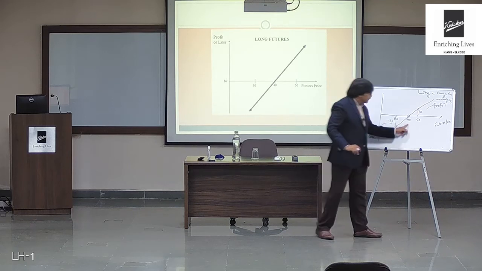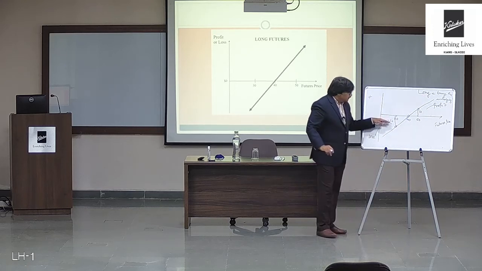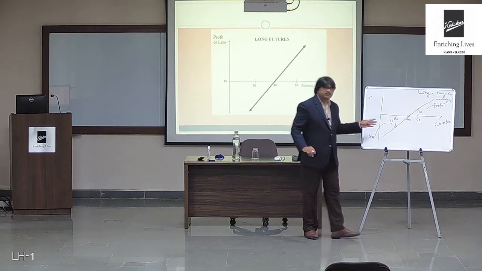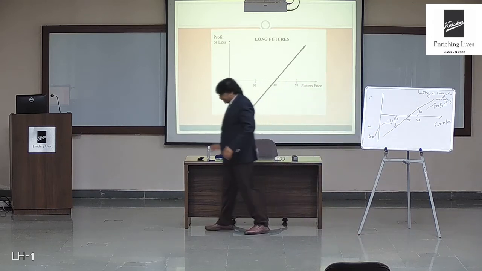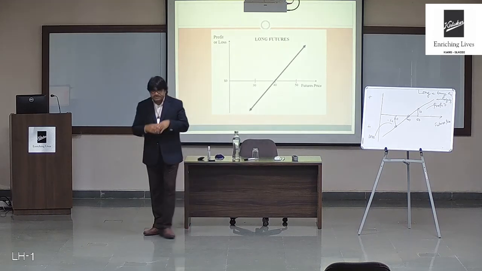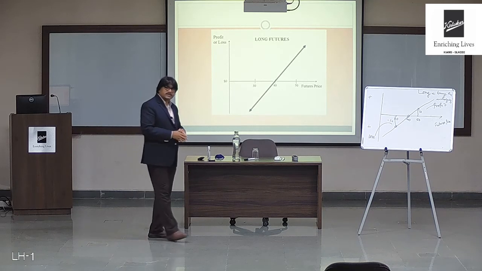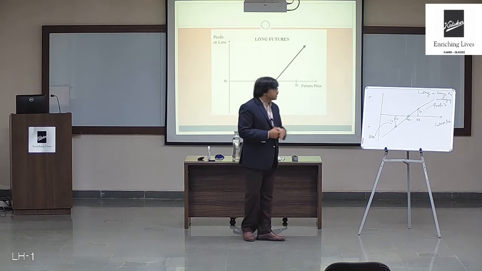So if the price of the underlying goes up in the future, the person who has signed the contract makes a profit. If the price of the underlying goes down in the future, the person makes a loss. I hope this is clear. We can talk about the other positions, that is short, and also see the options in the next module, how options are different from them, and also try to solve some problems.